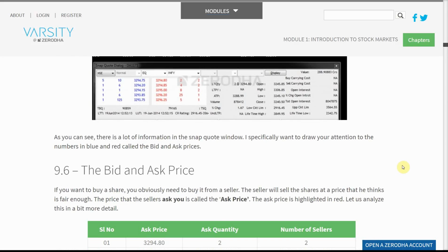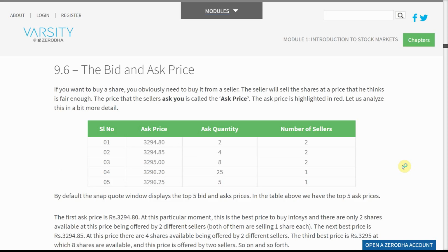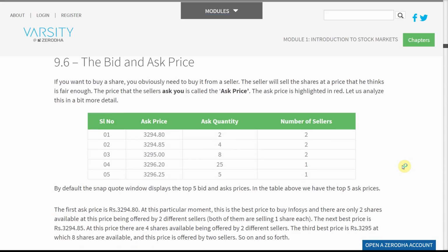By default, the snap quote window displays the top 5 bid and ask prices. In the table above we have the top 5 ask prices. The first ask price is 3,294 rupees and 80 paise. At this particular moment, this is the best price to buy Infosys, and there are only 2 shares available at this price, being offered by 2 different sellers.